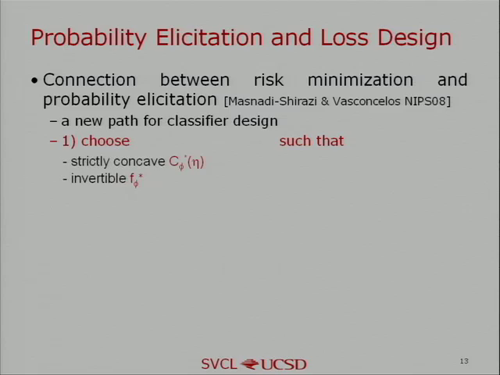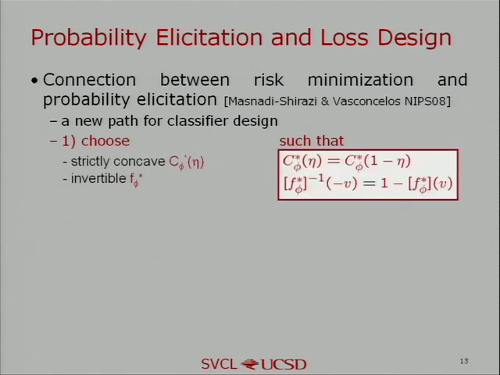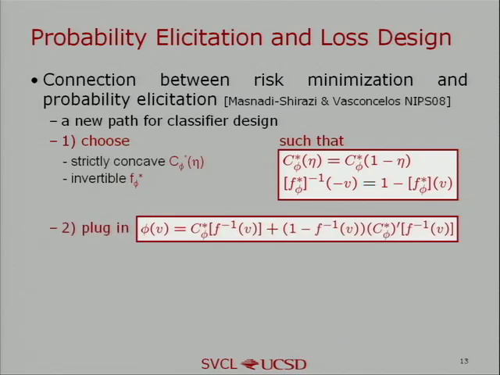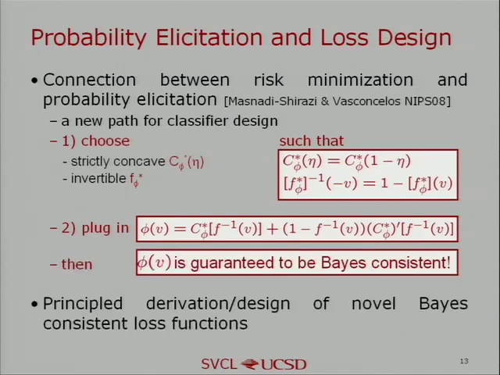The general approach is that we can choose any strictly concave function C star and any invertible function F star such that they have these simple symmetry constraints. And we plug these two functions into this formula and we get a phi, a loss that is guaranteed to be Bayes consistent.